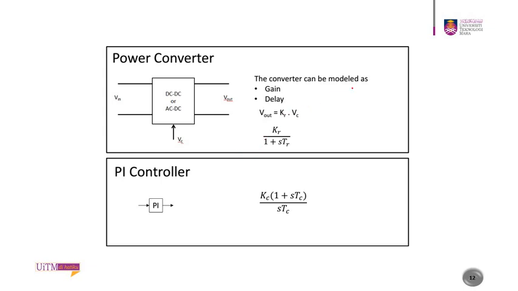The converter can be modeled as a delay gain, both gain and delay. So you have VC as the input here, in and out, and also the PI controller here. So this is the PI controller for the power converter, and this will be the function.